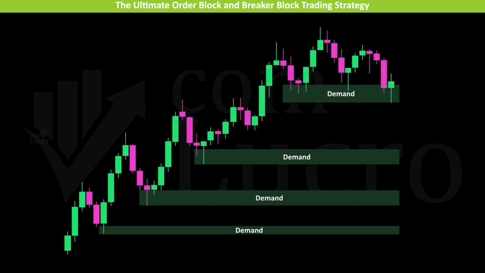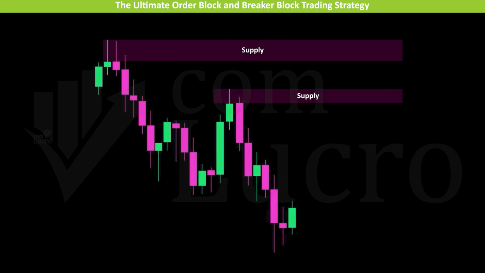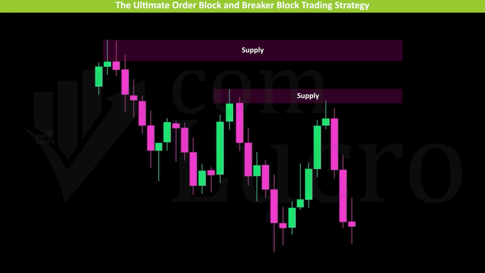Simply put, demand zones highlight areas where we expect buyers to step back into the market. Likewise, the beginning of a downward move is identified as a supply zone, where traders have previously taken short positions. When price revisits this zone, it often leads to renewed selling pressure. In other words, supply zones are areas where we expect sellers to become active once again.